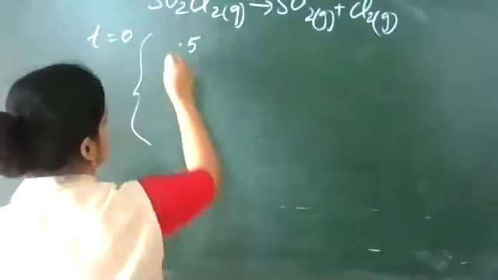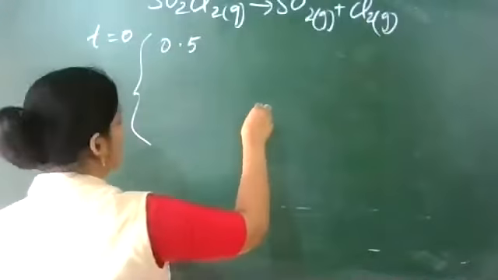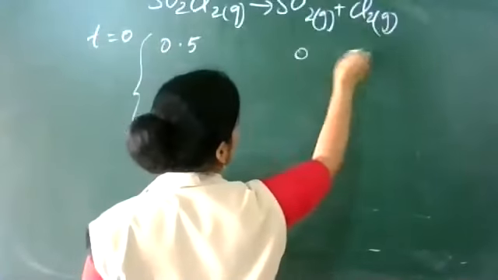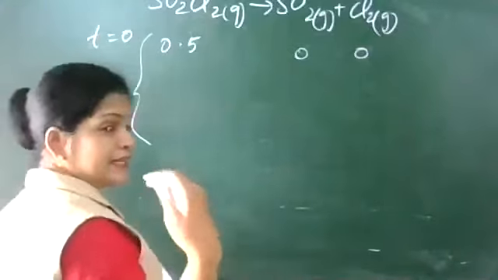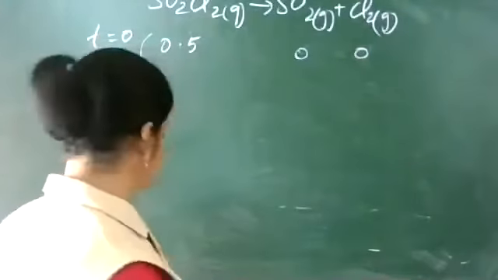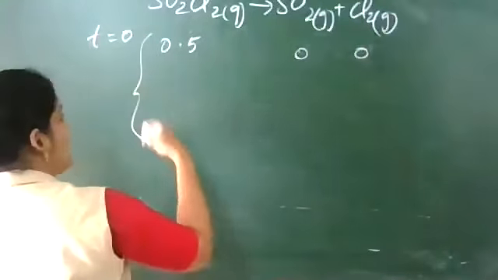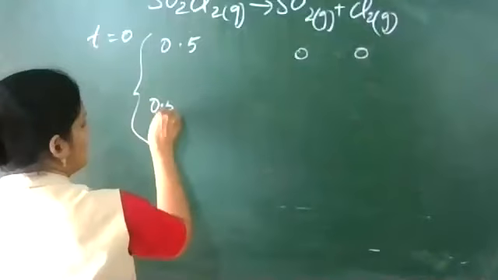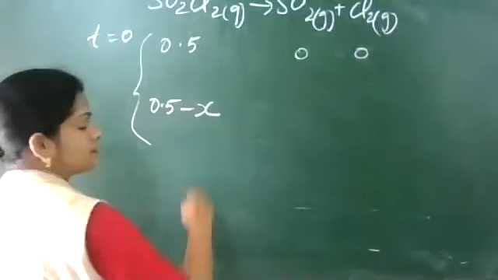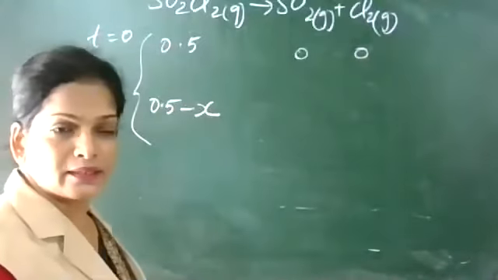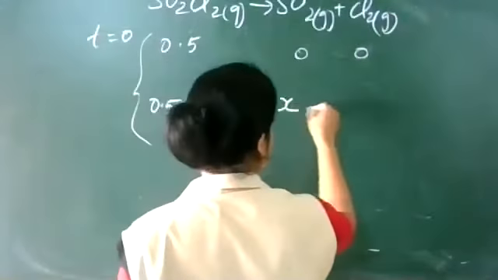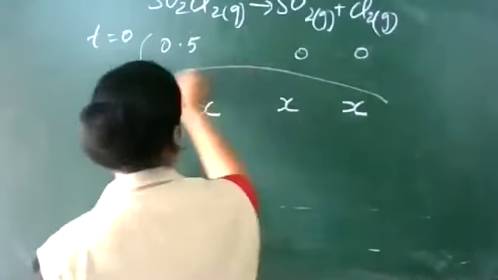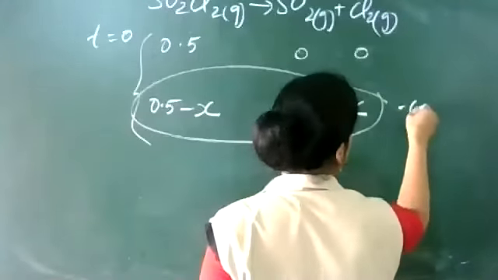After a particular time, the reaction started, so it is 0.5 minus x, and x and x form, and the total pressure is 0.65.